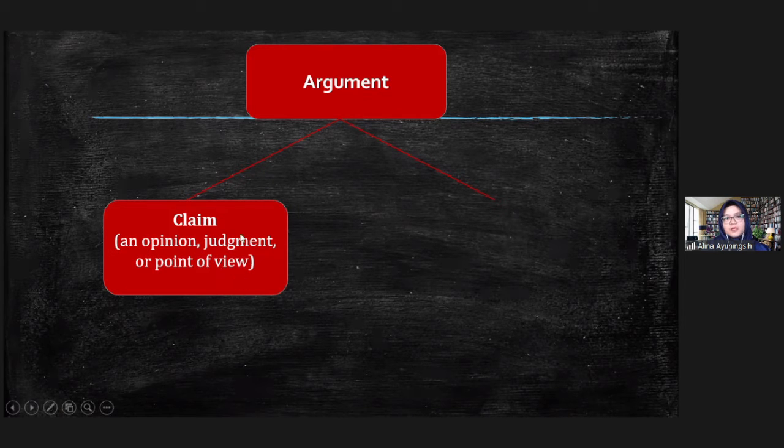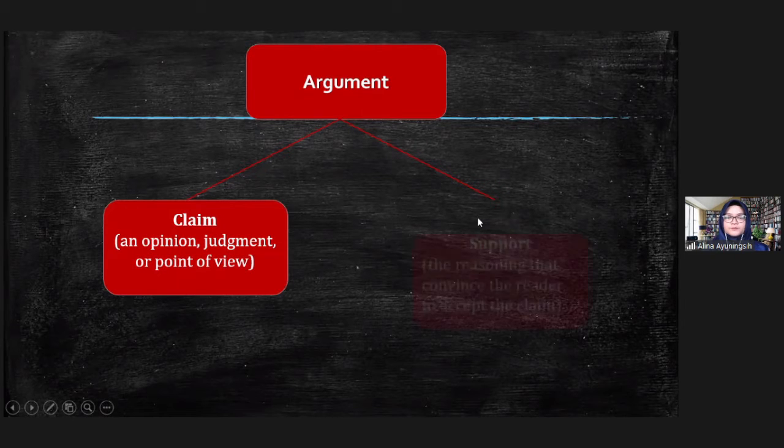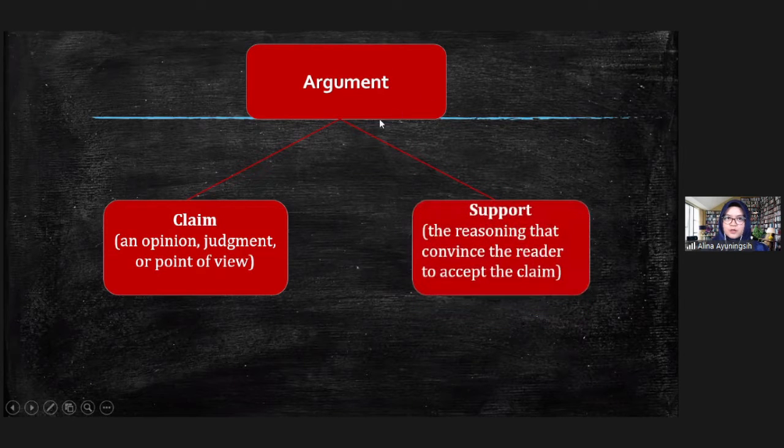So this claim, of course, needs to be supported by some supporting details, as you already know. So we have support. So argument consists of claim and support.